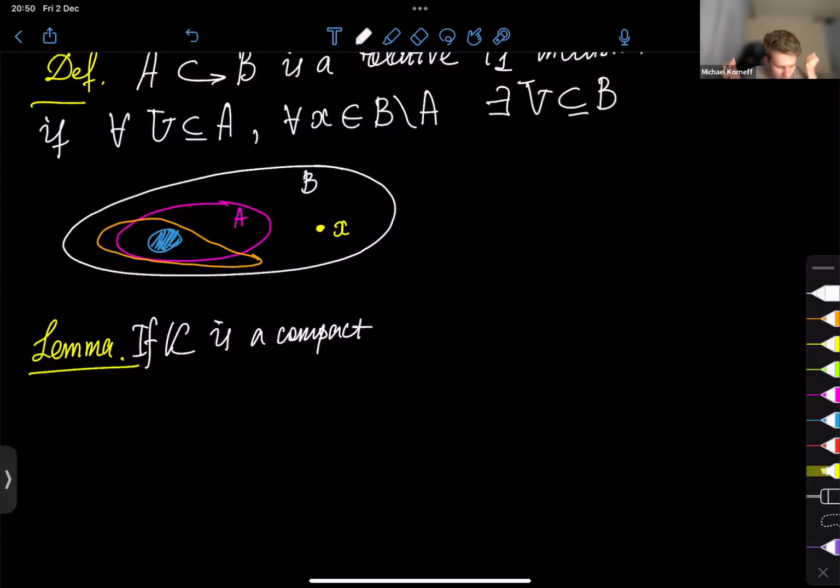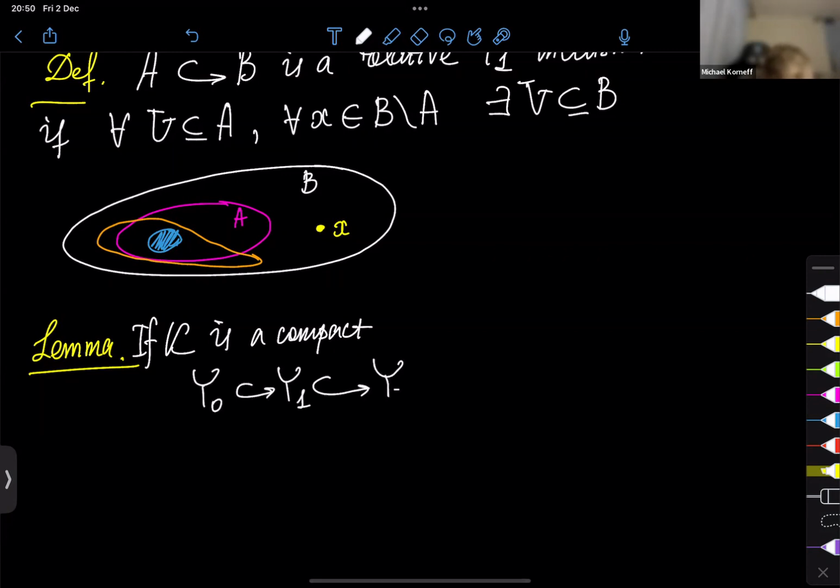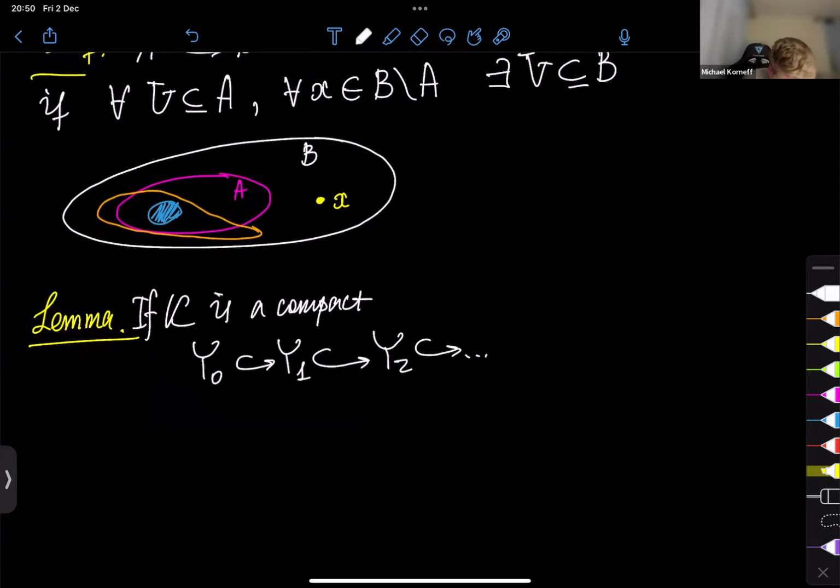If K is compact and we have the following sequence of spaces, and this is a sequence of relative T1 inclusions.